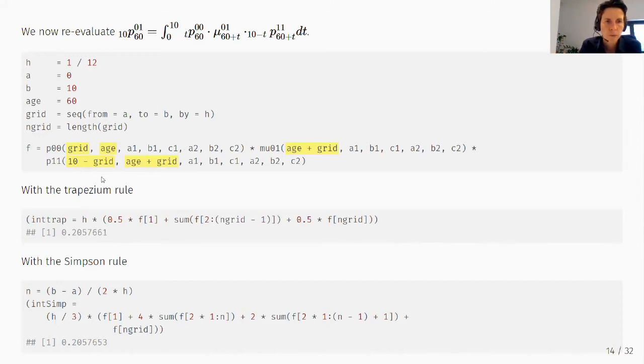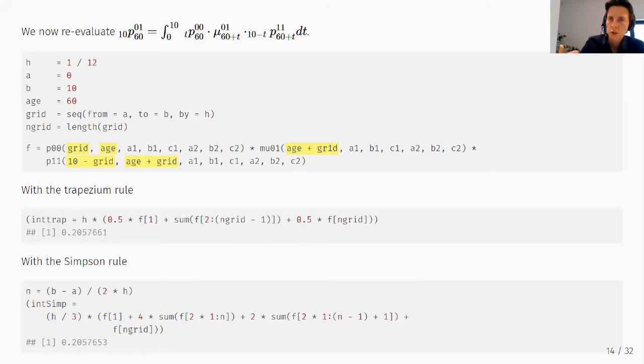I highlight the essential parts over here, but you're going to start with h = 60, and you're going to evaluate the P00 function in the grid points. You're going to multiply then with the transition intensity to go from 0 to 1 along the edges that you get by evaluating this h plus grid.